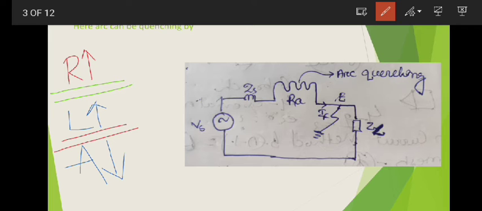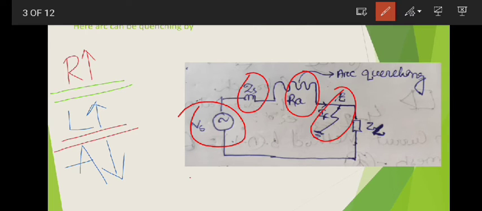Now let's see in the diagram how arc quenching occurs. There is a voltage source, an impedance, a resistance RA, and here a fault occurs, that is the fault current, and that is the load impedance. Here arcs are produced due to a small path or a very heavy amount of current.